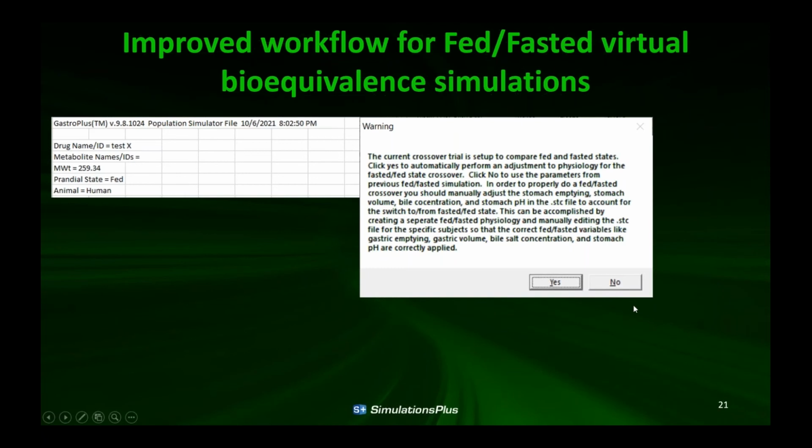If you click on no, that means all the physiologic parameters will be fixed, and these will be the user values read from the result file you loaded for the crossover. If you really want to modify them, you need to go to the STC file and modify it.